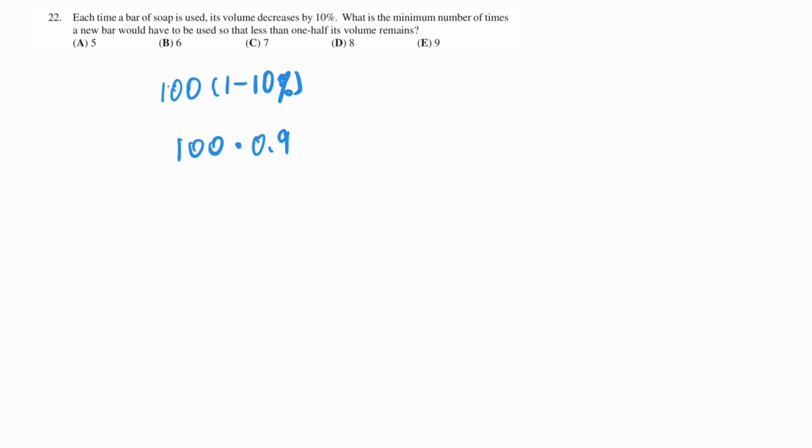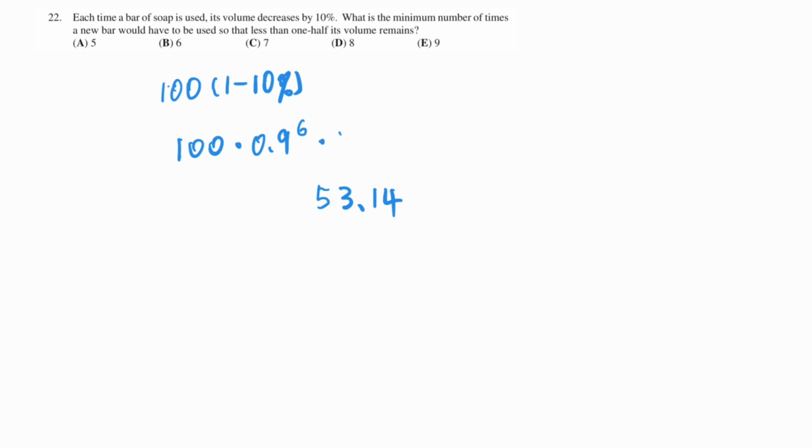With the calculator, you can try 100 times 0.9. That gave us 53.14, still greater than half.